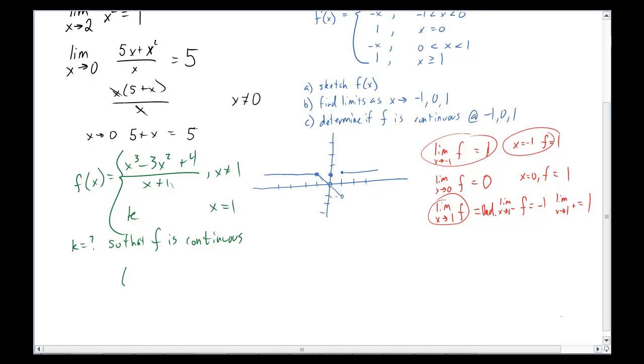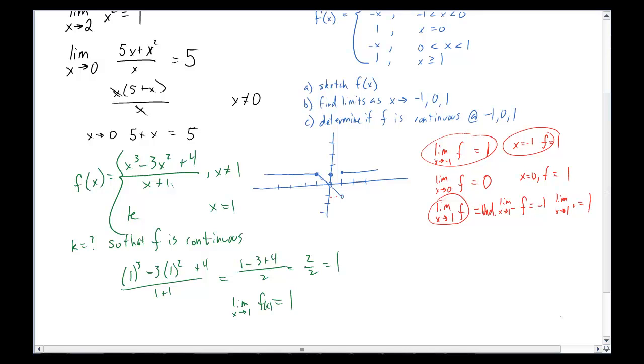So I'm going to go 1 cubed minus 3 times 1 squared plus 4 all over 1 plus 1. So I'm going to have 1 minus 3 plus 4 over 2. 1 minus 3 is negative 2, plus 4 is 2. So 2 over 2 equals 1. So this now gives me the limit as x approaches 1 of f of x equals 1.